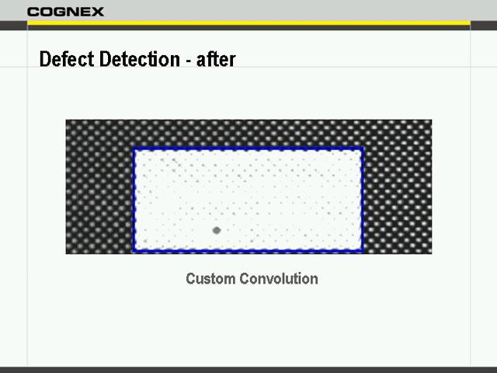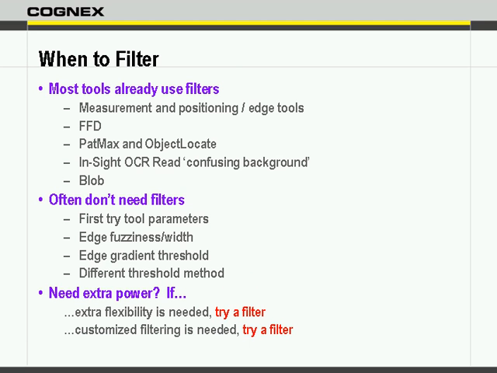Now you can see we've got lots of little dark blobs in this one, but there's only one large one, which is quite a bit bigger than all the others, which makes it very easy for a blob tool to come through here and find where that missing dot is without having to do too much fancy positioning or anything else. A great example of, in this case, using a custom convolution filter. We haven't really talked about the convolution filter, but perhaps I'll point that out in Intellect and go over in general what that is.